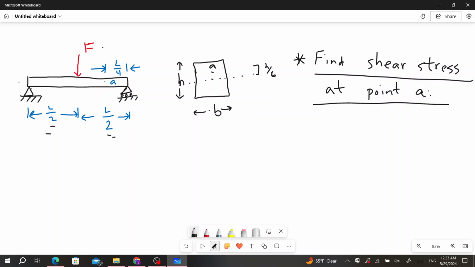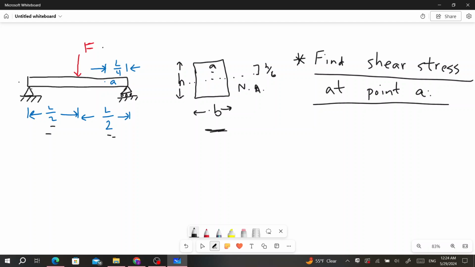If we look over here at this cross-sectional image, we can see that A is located, if we're looking at our neutral axis, which is this dotted line, or centroidal axis, A is a distance h/6 from the neutral axis. So we want to calculate what the shear stress is at point A.